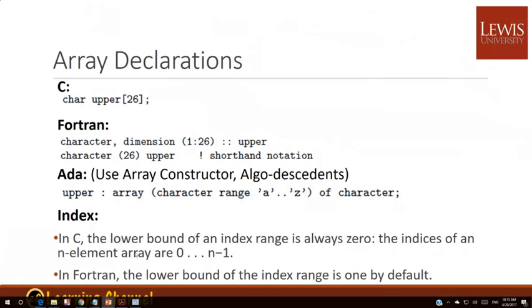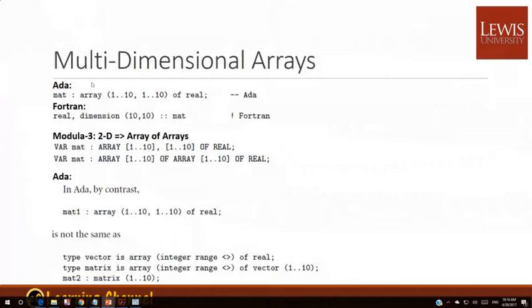The index in C: the lower bound of the index range is always 0. The index of an n-element array will be 0 to n minus 1. In Fortran, the lower bound of the index range is 1 by default. Multiple dimension arrays. In Ada, you have array and two ranges for 2D arrays.